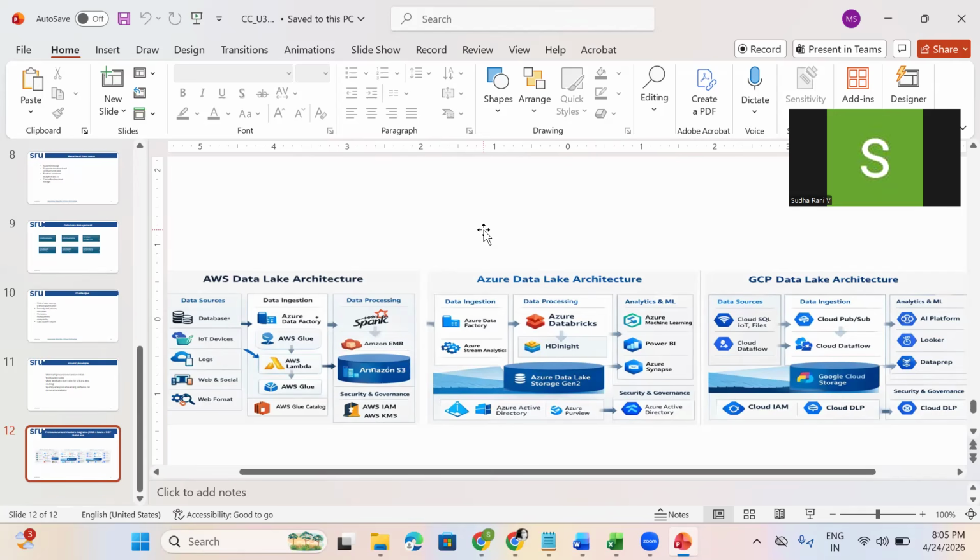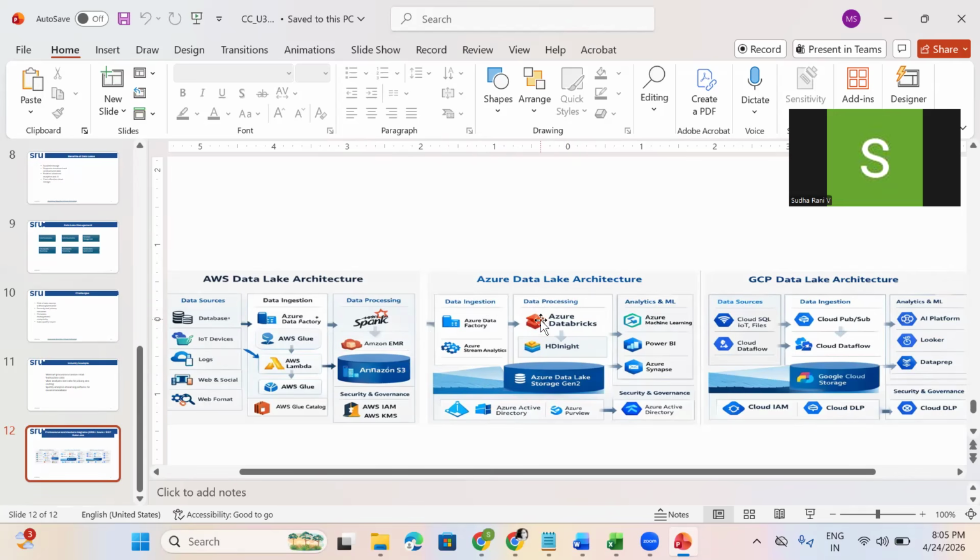Coming to the Azure data lake architecture, we have data ingestion, data processing, and analytics and ML. For data ingestion: Azure Data Factory, Azure Stream Analytics.